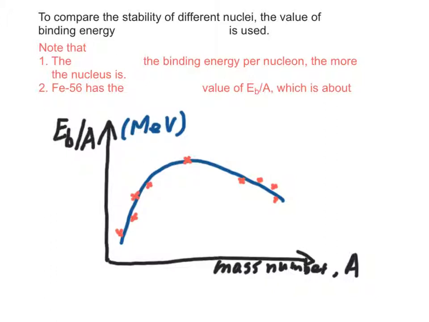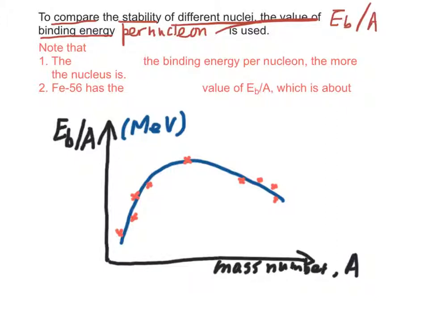In order to compare the stability of different nuclei, the value of binding energy per nucleon, that is EB over A, where A is the mass number or number of nucleons in a nucleus, is used.